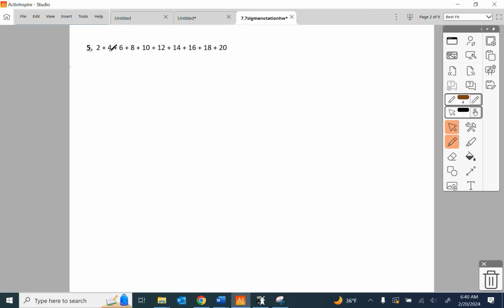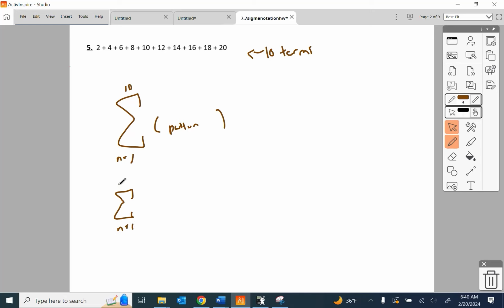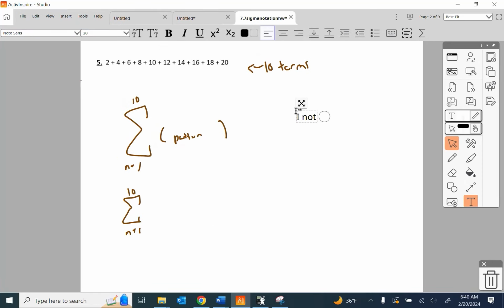All right, how many terms do I have here? 1, 2, 3, 4, 5, 6, 7, 8, 9, 10 terms. So 1 to 10. And again, here what I need is the pattern. Now, what I noticed here is that this was arithmetic, adding 2.